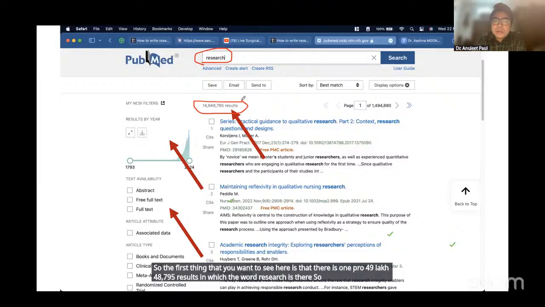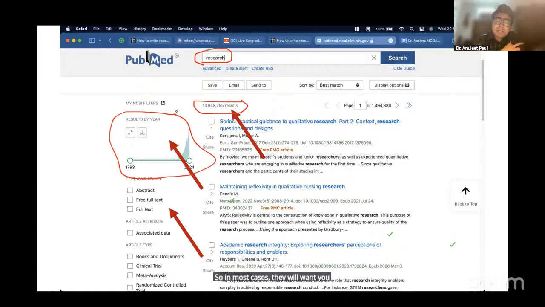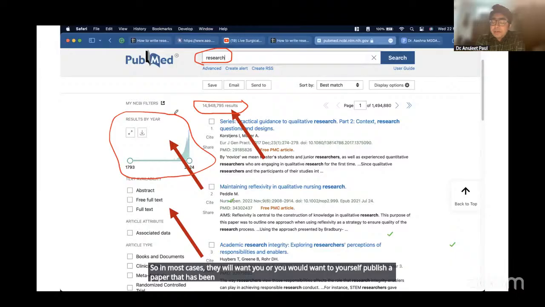So it's impossible to go through 1 crore articles if I want to use the word smoking or the word lung cancer. It's very easy over here to search in PubMed by year. So in most cases, they will want you, or you would want to yourself, reference a paper that has been published in the last 5 years. So it's very important to use this. You can search via abstract or full text.